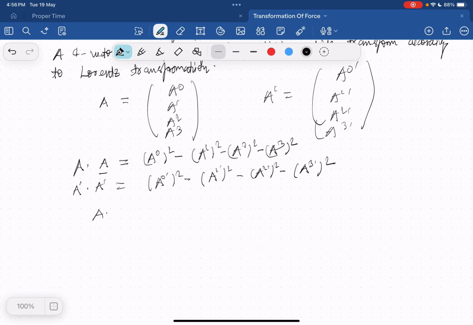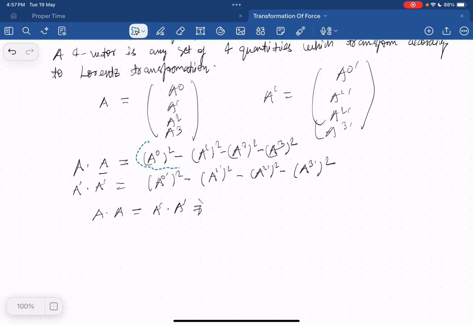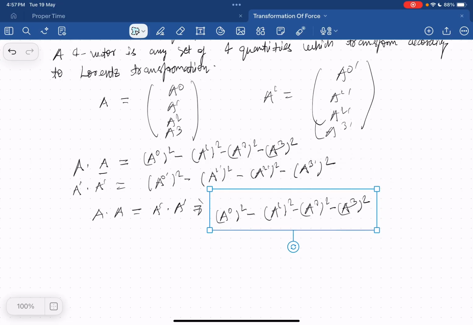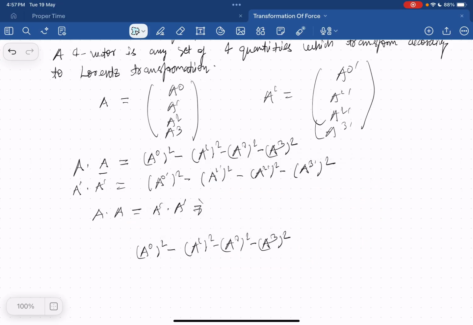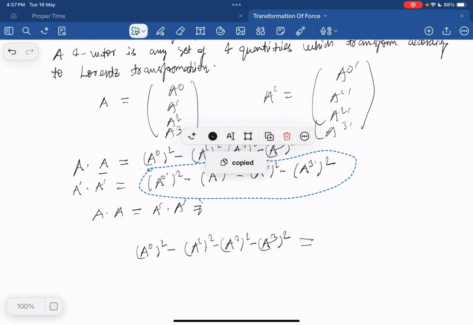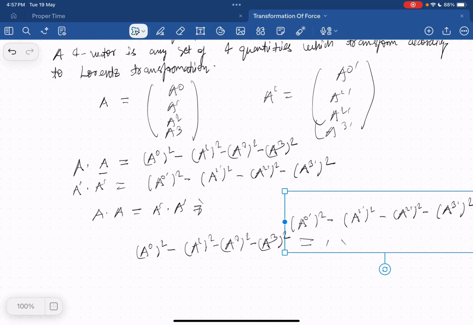That means A dot A will be A prime dot A prime, which will mean that this quantity will be equal to this quantity right here.